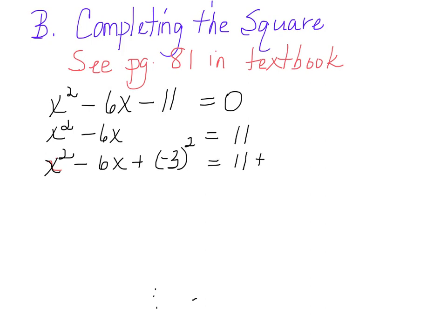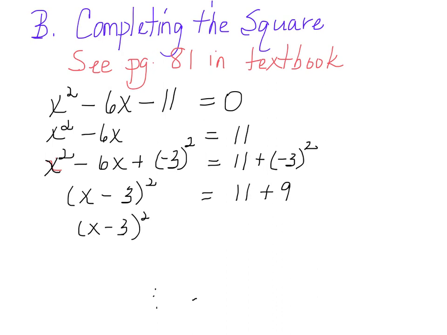So on this side, you'll have a negative 3 squared as well. Factor the left side. What you want is a nice perfect square, which will be x minus 3 squared. On the right side, you have 11 plus 9. Negative 3 squared is 9. And so you get x minus 3 squared is equal to 20.